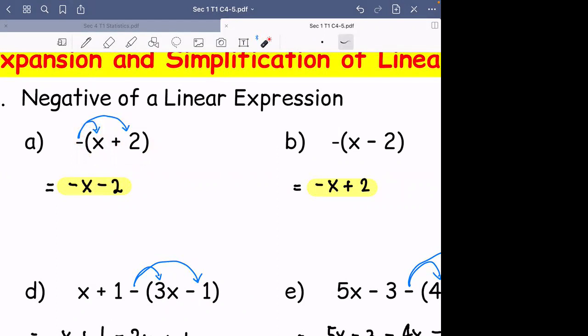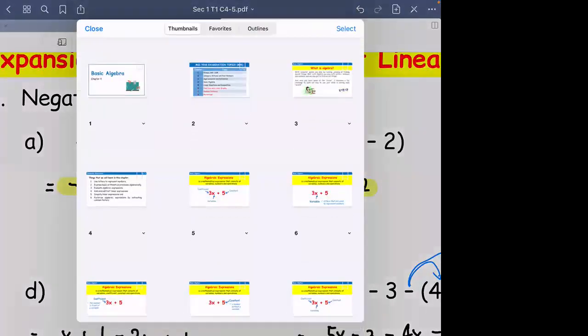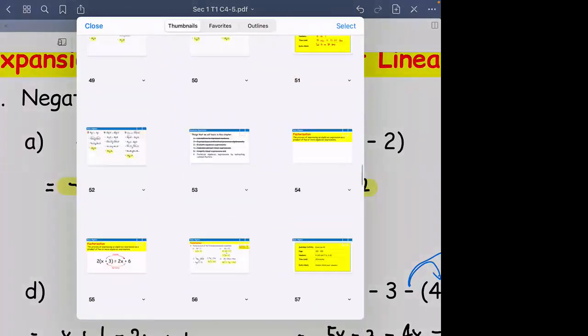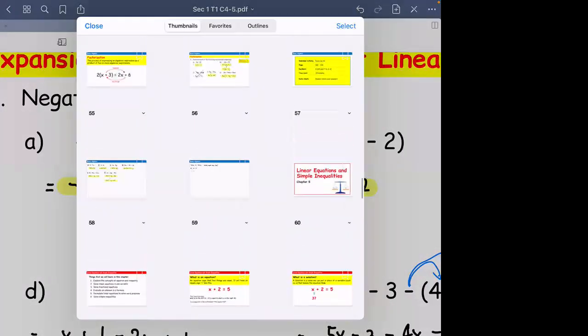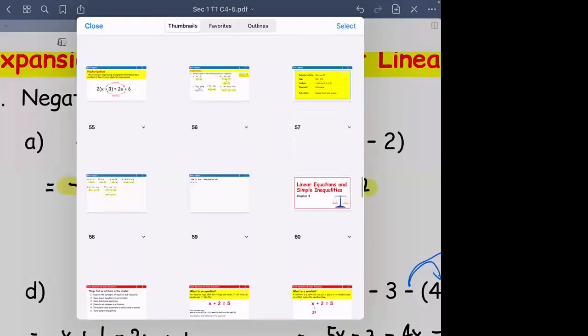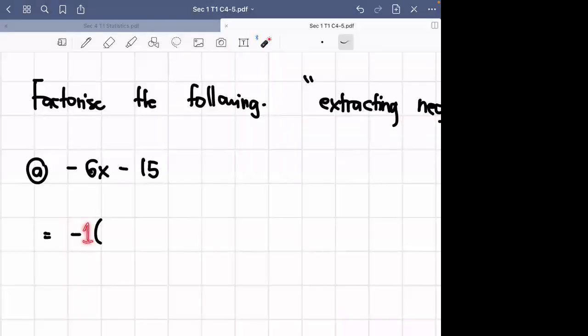So we extract the negative 1 or just the negative sign. And then we divide. Negative 6x divided by negative, what do you get? Positive 6x.